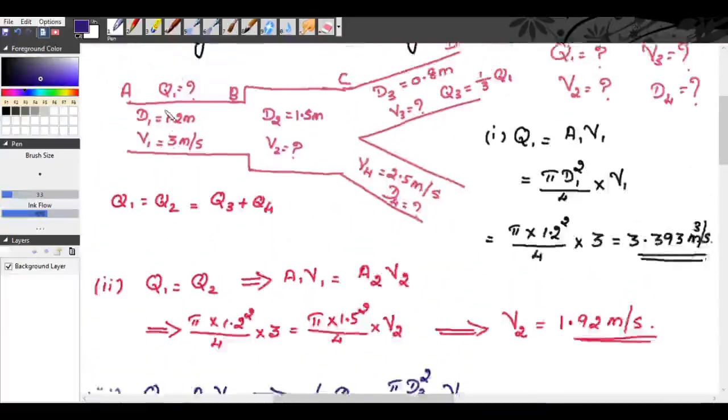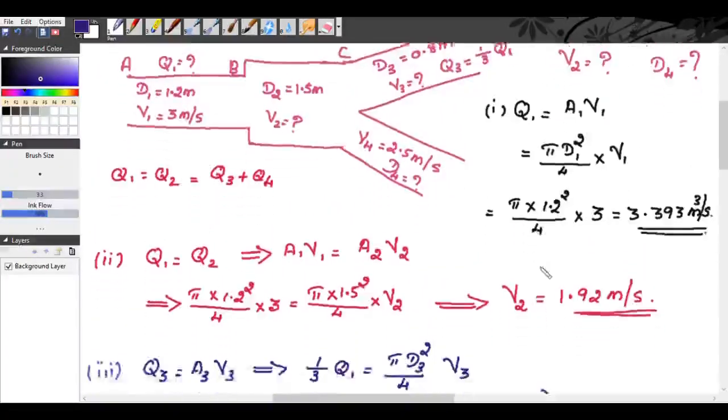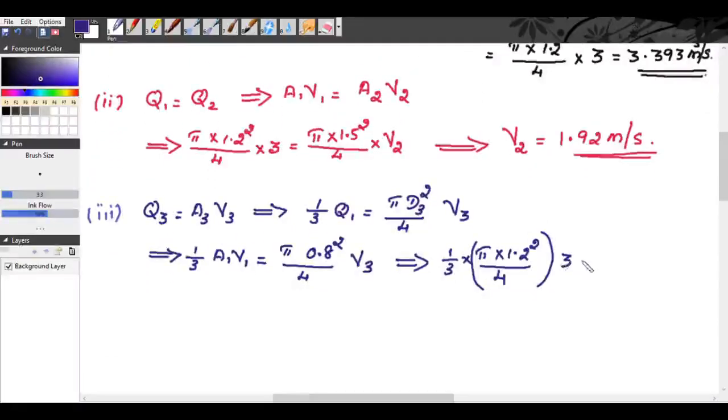V1 we know is 3 meter per second. So multiplied by 3 is equal to pi into 0.8 square by 4 into V3. The only unknown is V3.